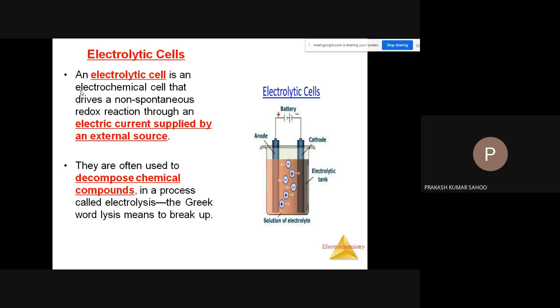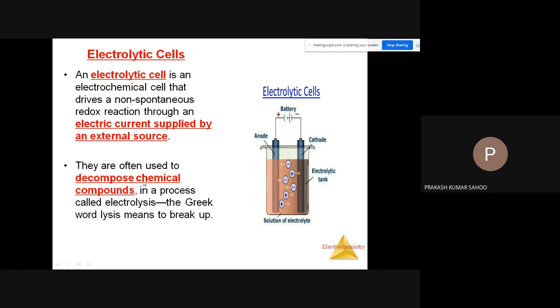There will be no reaction, and no flow of electrons, because the equilibrium is reached. To continue the reaction, or to make it spontaneous, we have to supply some external electric energy.